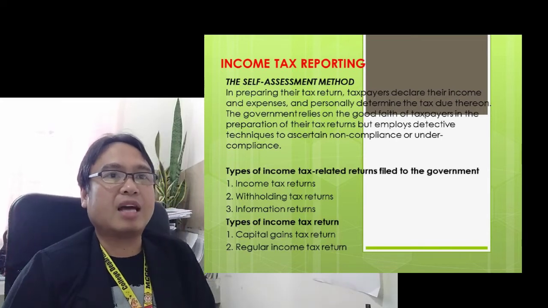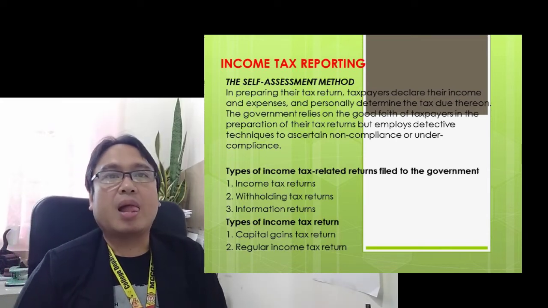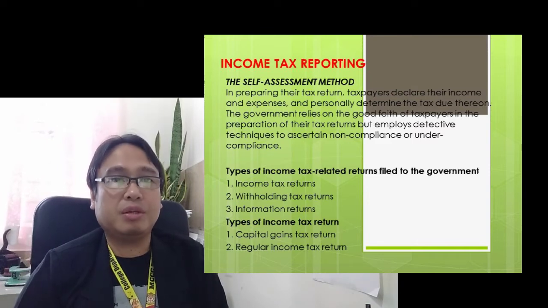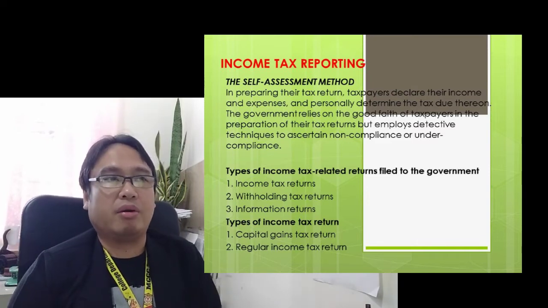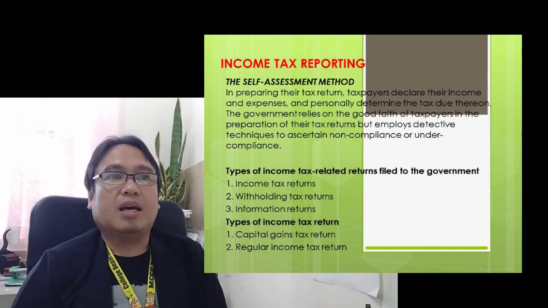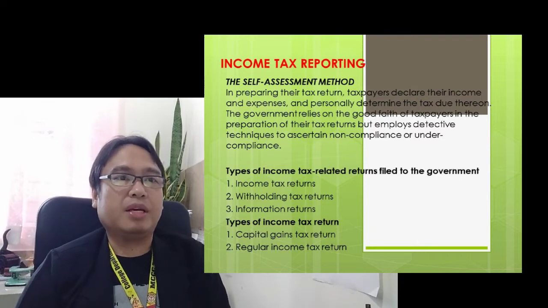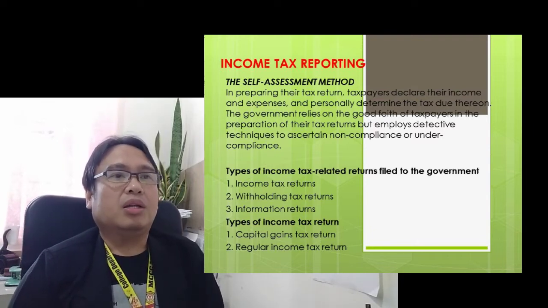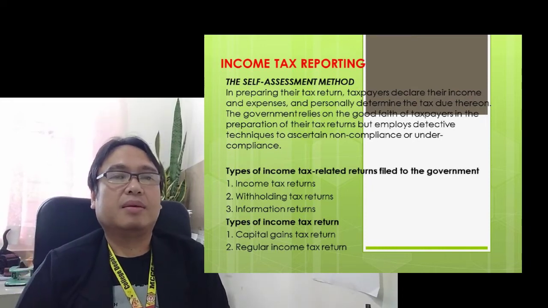In preparing their tax return, taxpayers declare the income and tax expenses and personally determine the tax due thereon. The government relies on the good faith of taxpayers in the preparation of their tax return but employs deductive techniques to ascertain non-compliance or under-compliance.